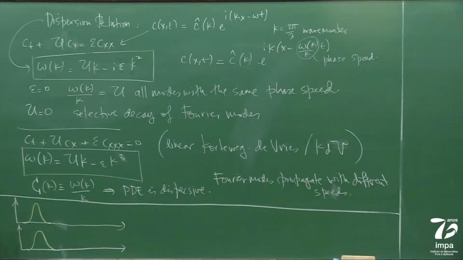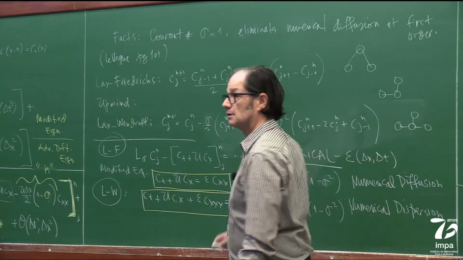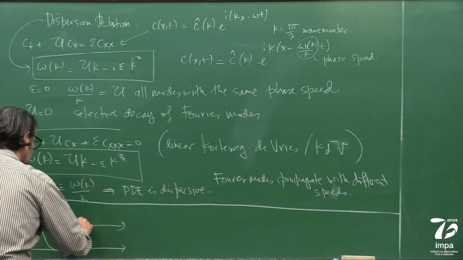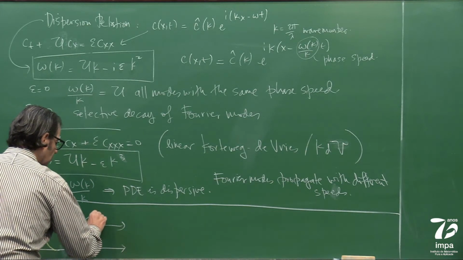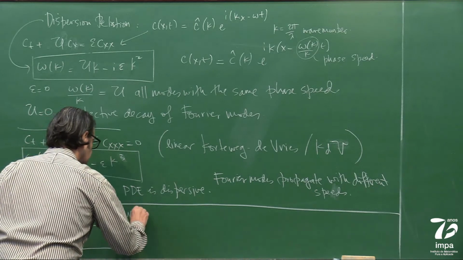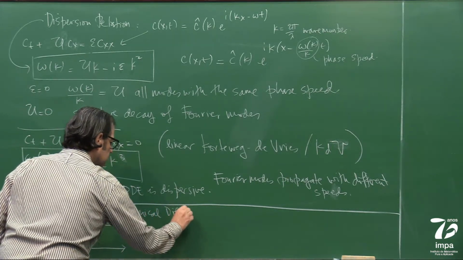So if you're solving Upwind or Lax-Friedrichs, this is what numerical diffusion will look like. Eventually, depending on the grid size you use, you will see this numerical diffusion.